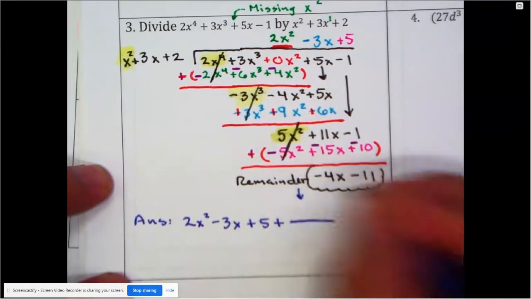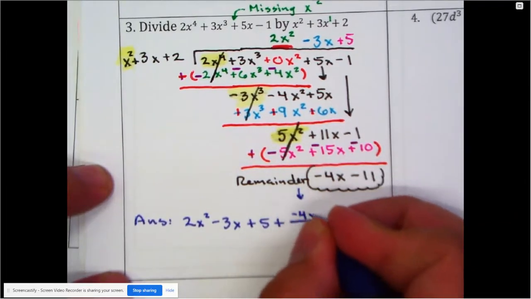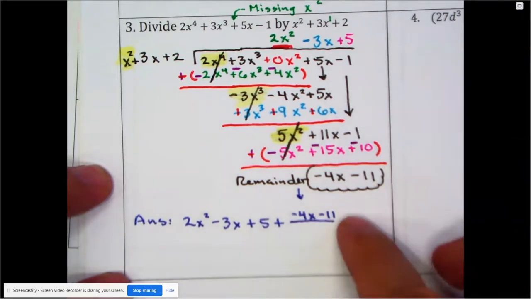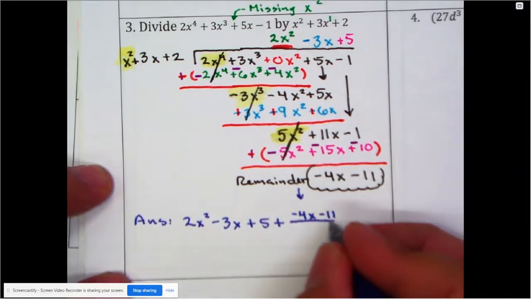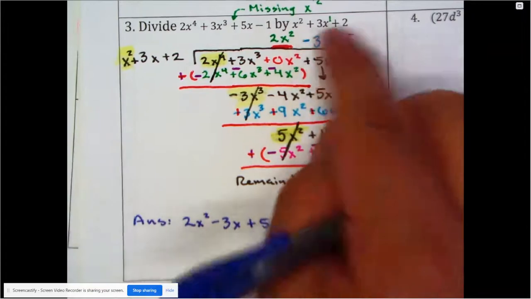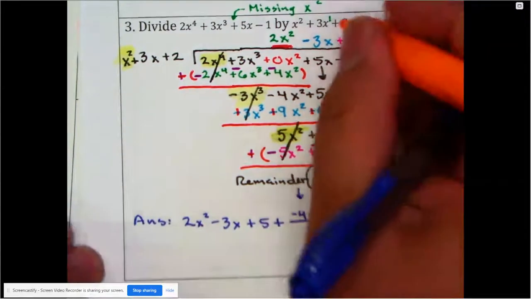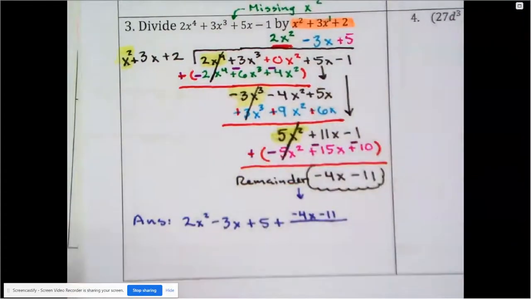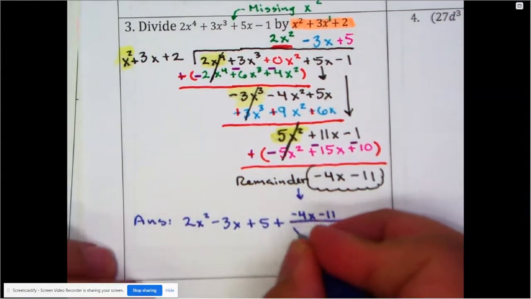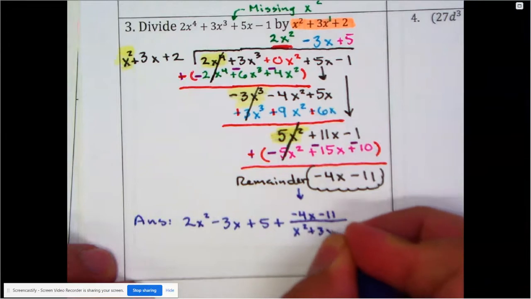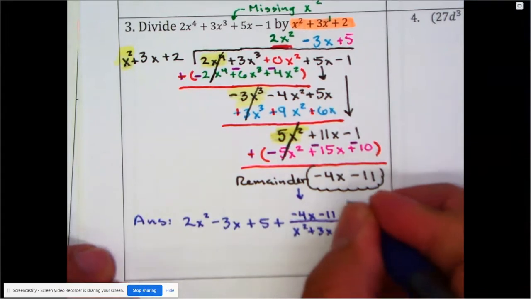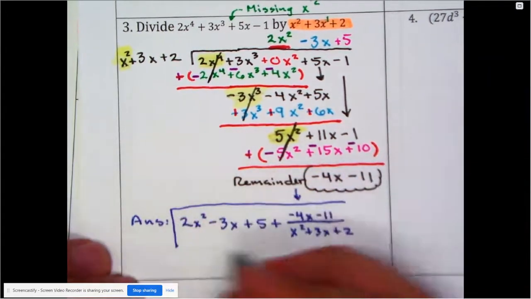And then here comes my remainder. Negative 4x minus 11. You just copy everything down. And underneath, we write whatever we were dividing by. For this problem, we were dividing by x squared plus 3x plus 2. Just like that, there's our answer.